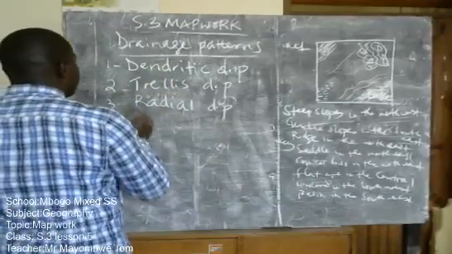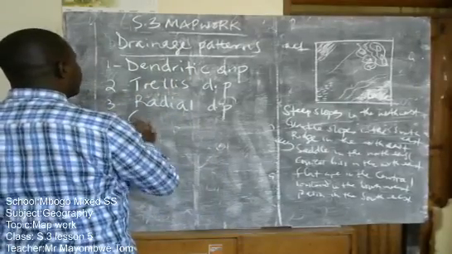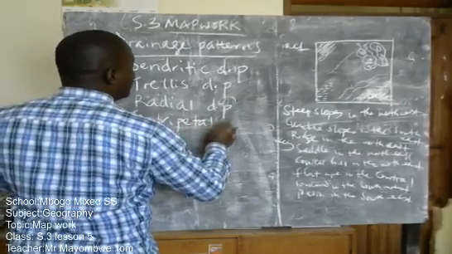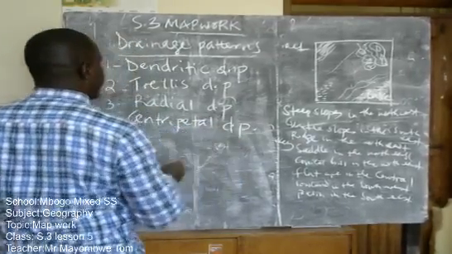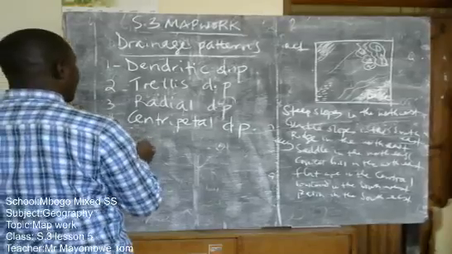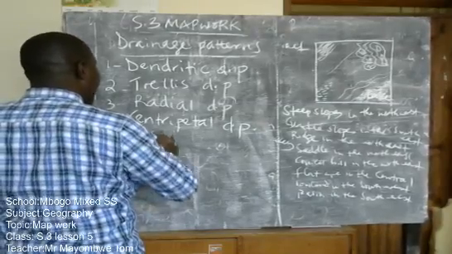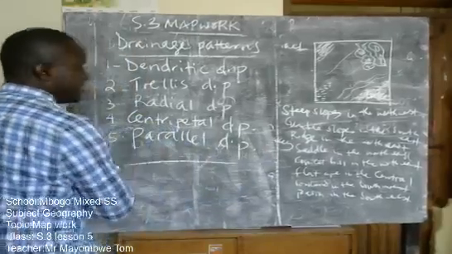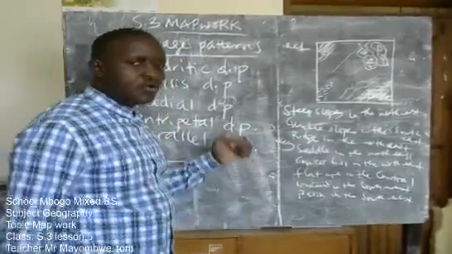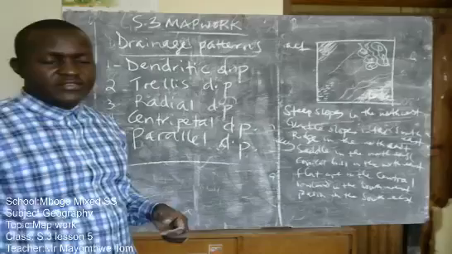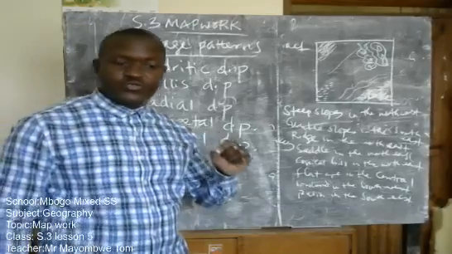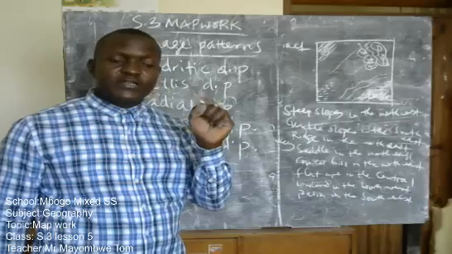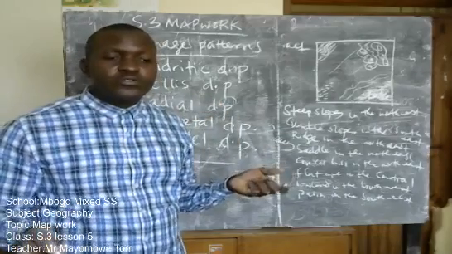Four, centripetal drainage pattern. Five, parallel drainage pattern. These are the commonest drainage patterns on the map extract. We must know how each drainage pattern appears on the map extract.